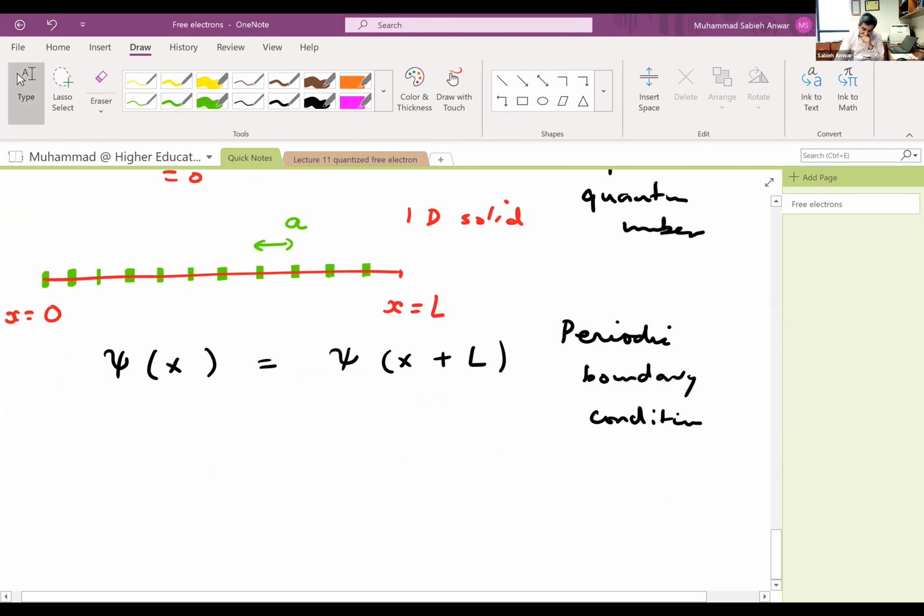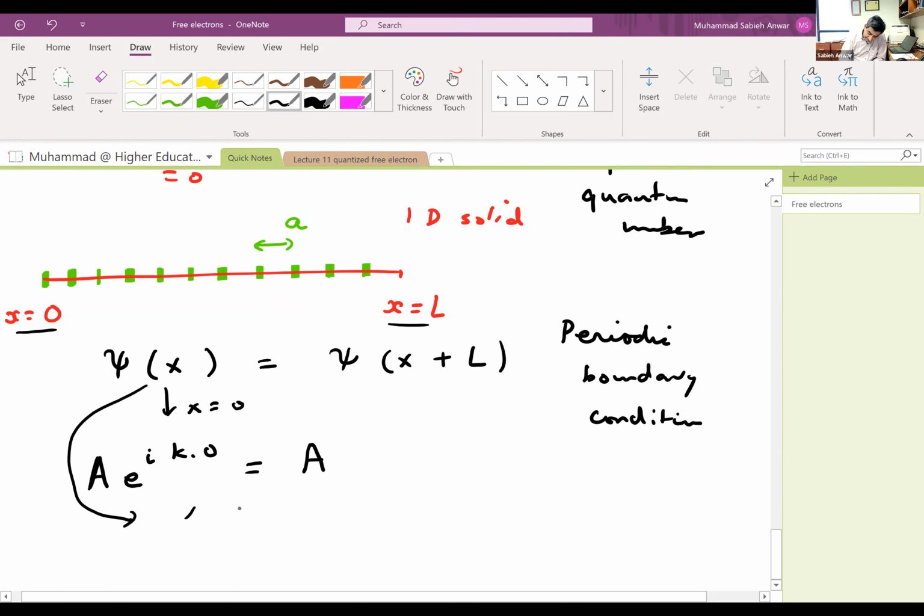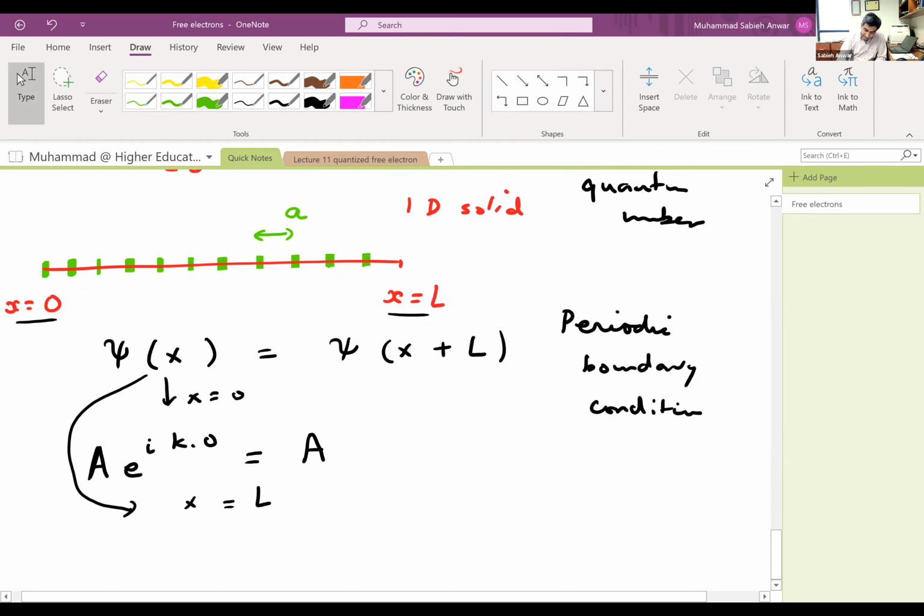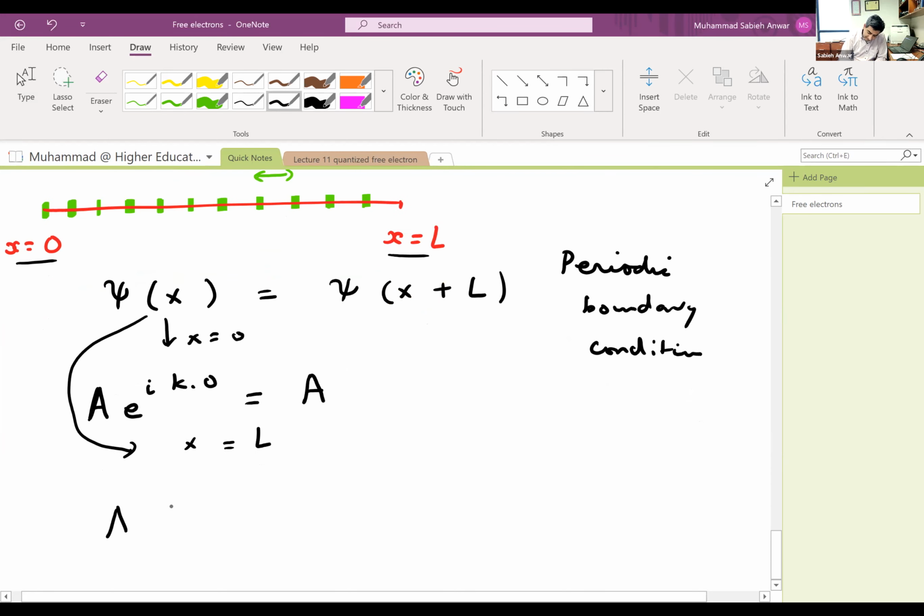Now, we just use this boundary condition. We know that the wave function here is going to be e to the i k x. Let's take 2 points: x equals 0 and x equals L. At x equals 0, I have e to the i k times 0, which is A. But this must be the same as the wave function at x equals L. And at x equals L, I have e to the i k L, which must also equal A. So this means that e to the i k L must equal 1.